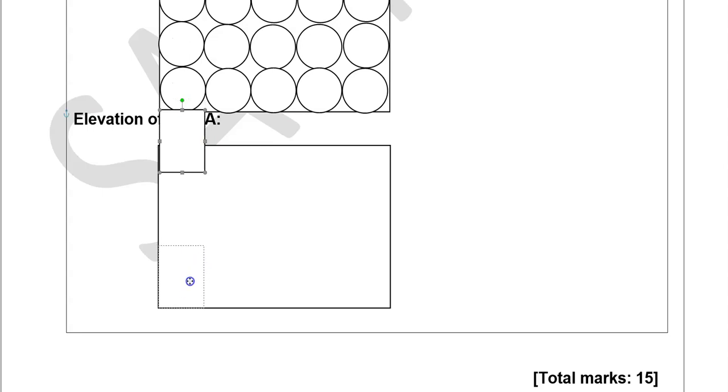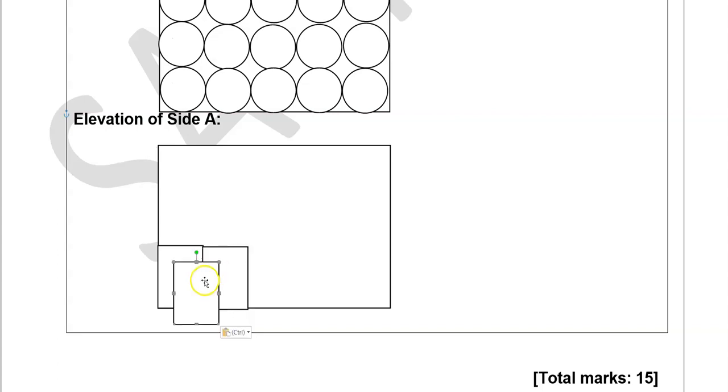Same width, okay. So put 1, 2, 3, 4, 5 of them.